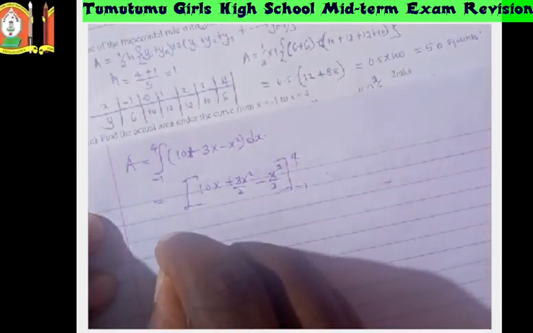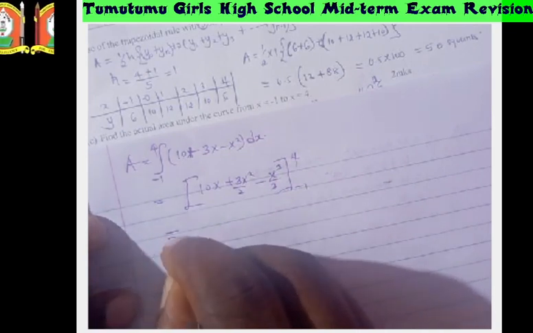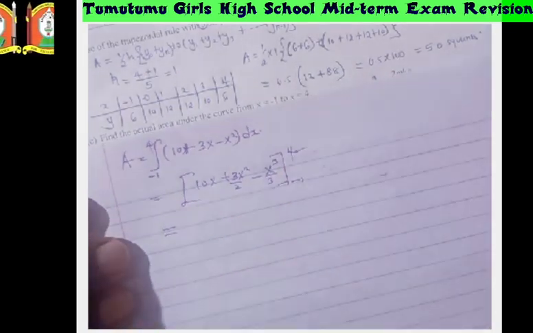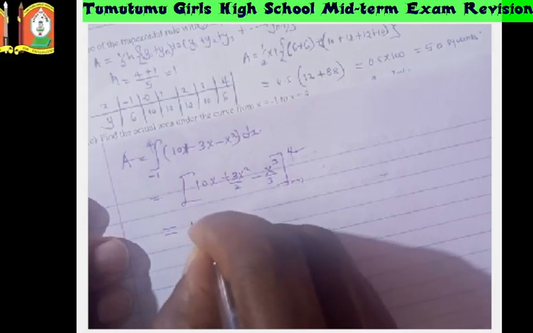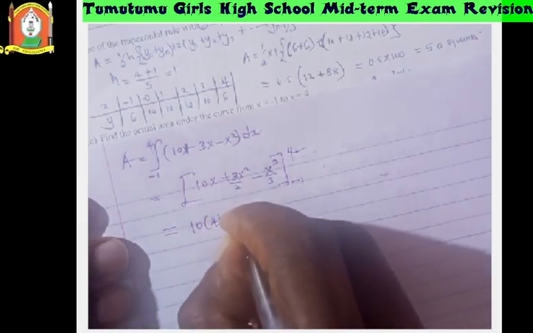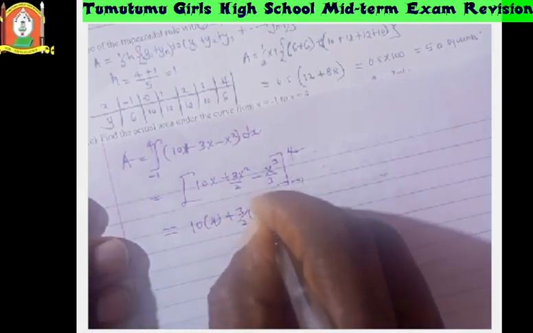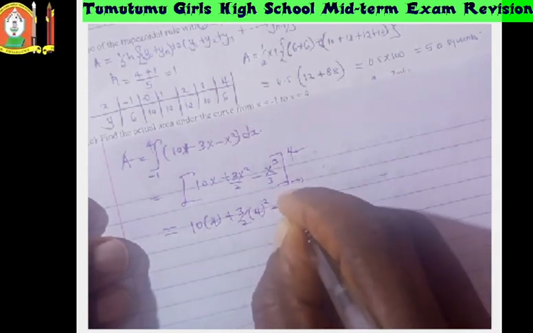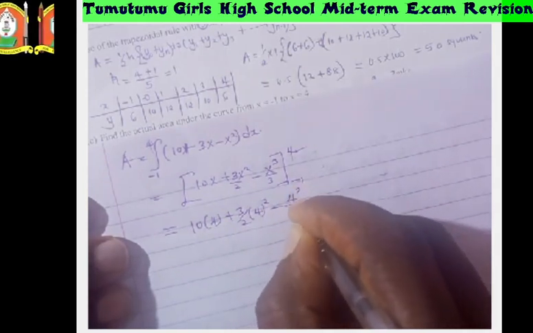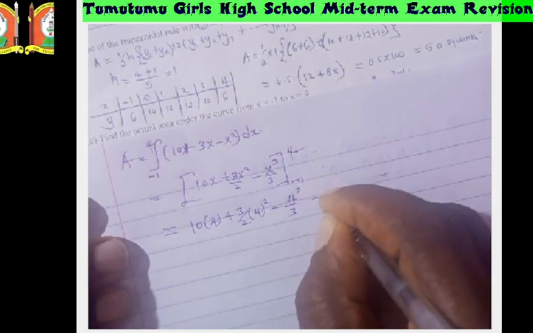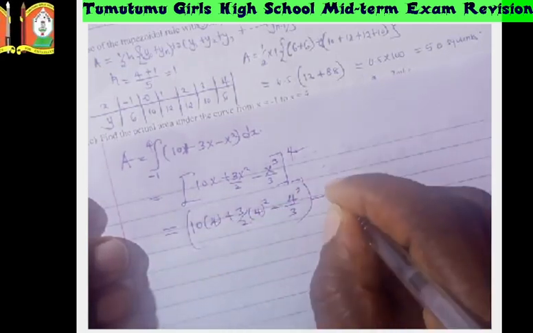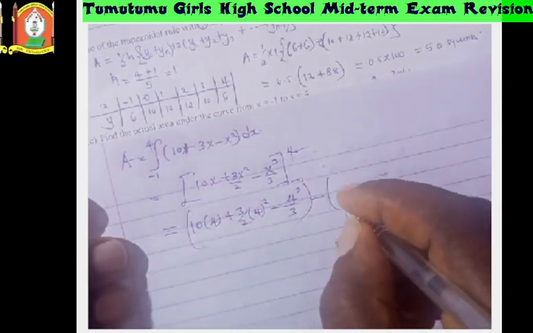So we substitute 4. We have 10 into 4 plus 3 over 2 into 4 squared minus 4 cubed over 3, minus the substitution of -1.